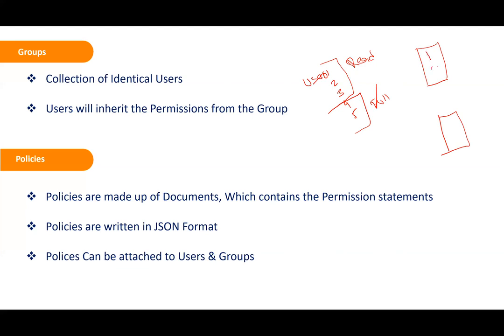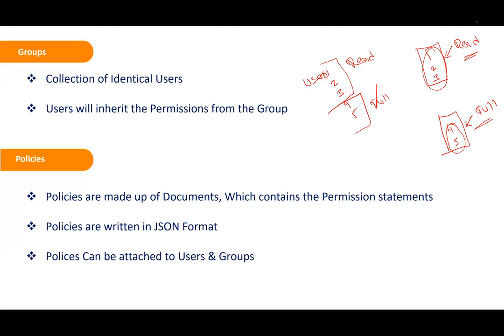All the developers I will place in group 1 and the admins I will place in group 2. And here I will apply the read permission and here I will apply the full permission, so that these 2 people will get the full permission and these 3 people will get the read permission.